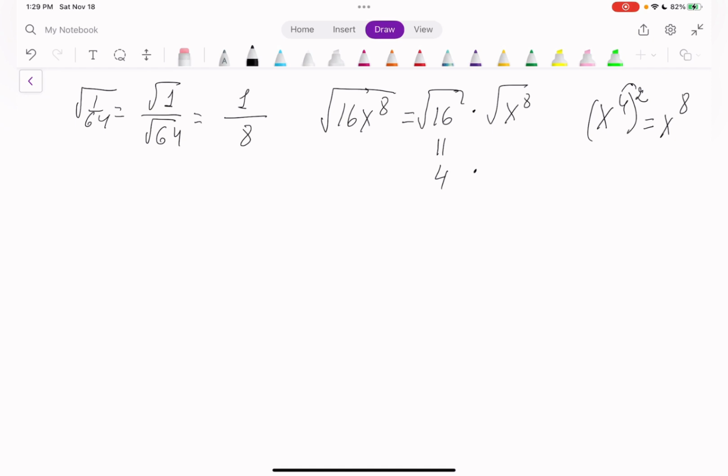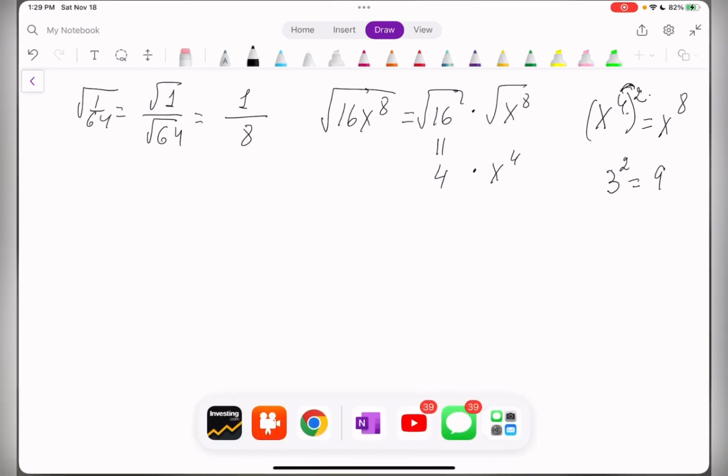Because, like I said, if I have 3 to power 2, I'm raising to power 2 and getting 9. But x to power 4 to power 8, I'm multiplying exponents, which means to get the opposite operation, take square root, I have to divide, and it's going to be x to power 8 over 2, right? Which I'm going to put is 4. And I get 4x to 4.